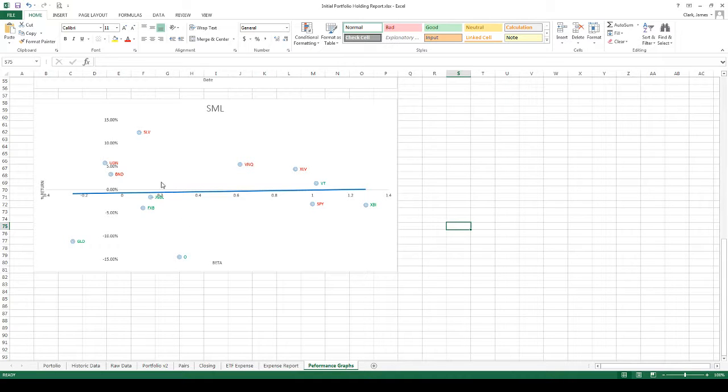Because if you look at these short positions here, they were positive returns for me because they fell in value, so that the purchase price on September 16th was higher than the closing price.